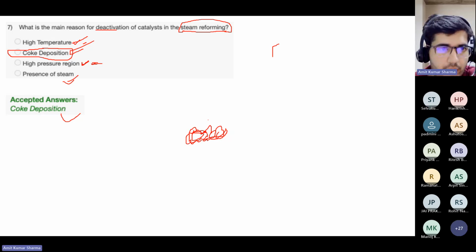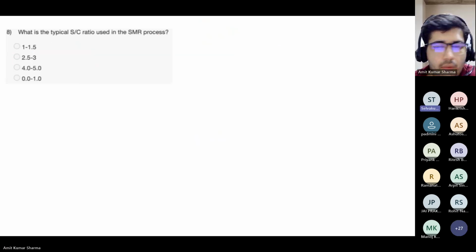Okay. So Amit, one question here. In the SMR process, we are operating at high temperature. So what is the consequence if we maintain high pressure?